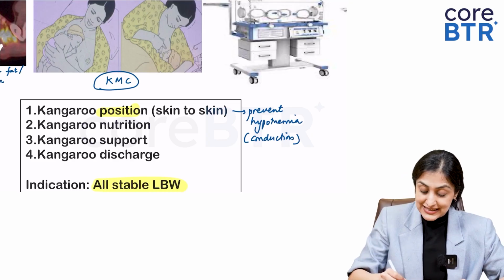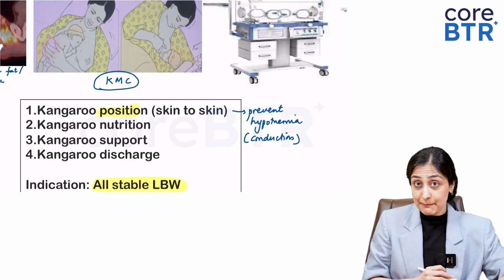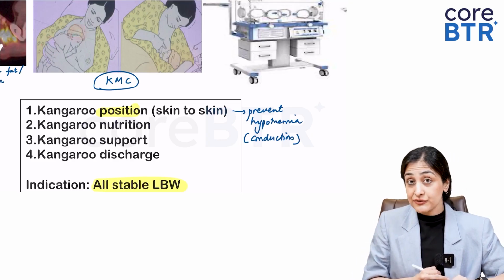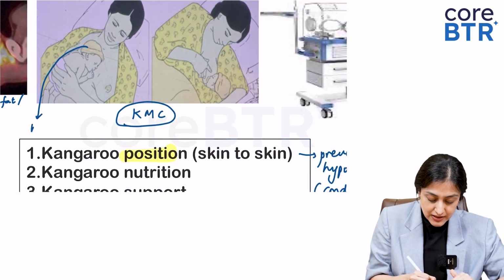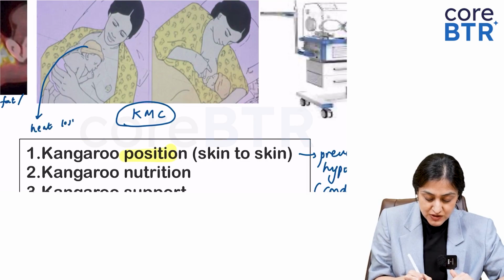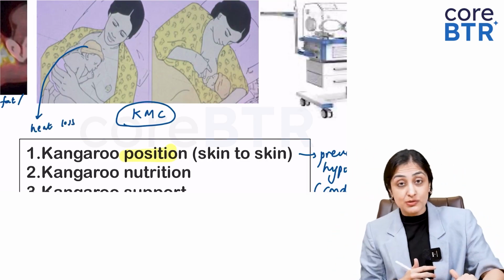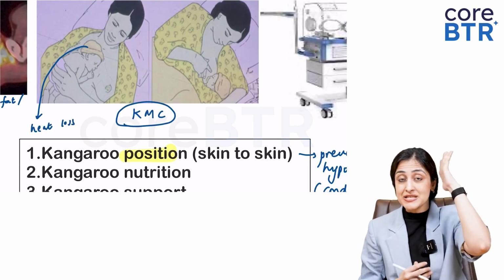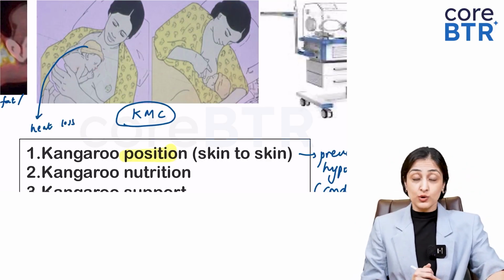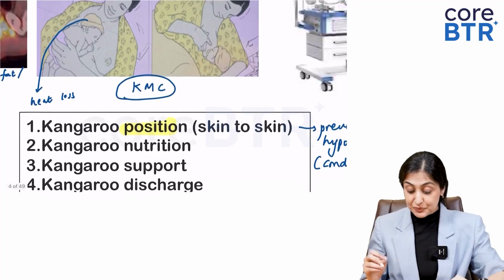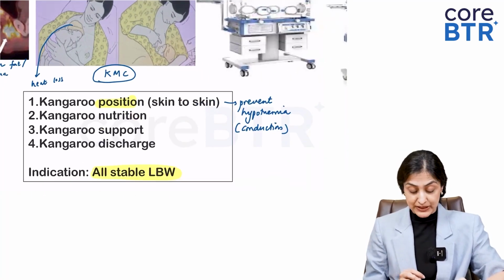The baby will wear nothing but the nappies, and you cover the head of the baby, because babies lose the majority of their heat from the head, because the surface area of the head is the largest in babies. So that's why you're covering the baby's head, and obviously the baby is wearing nappies, and then skin to skin contact is what is happening. So that is going to prevent hypothermia.